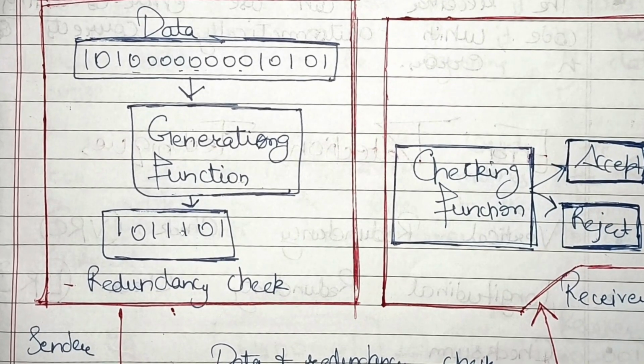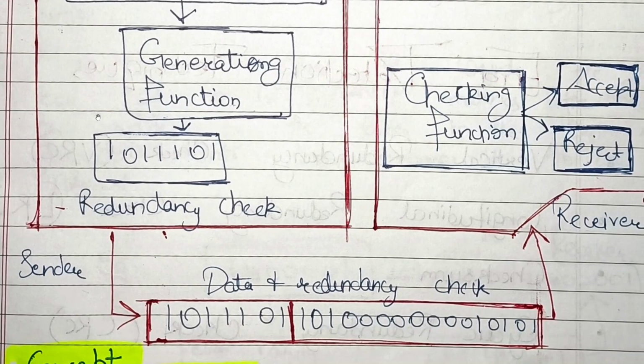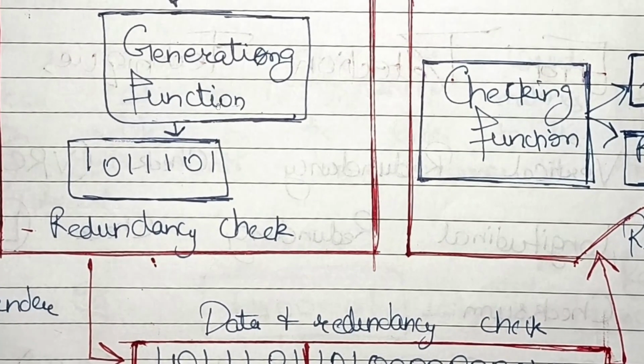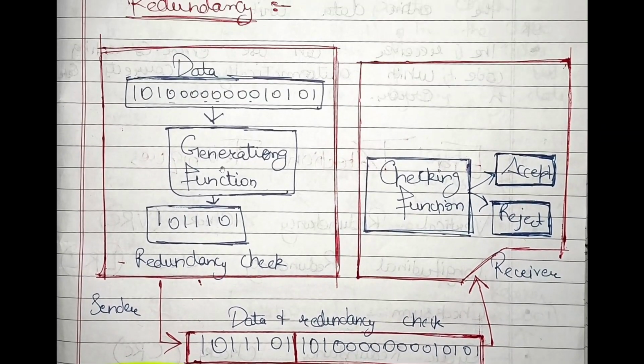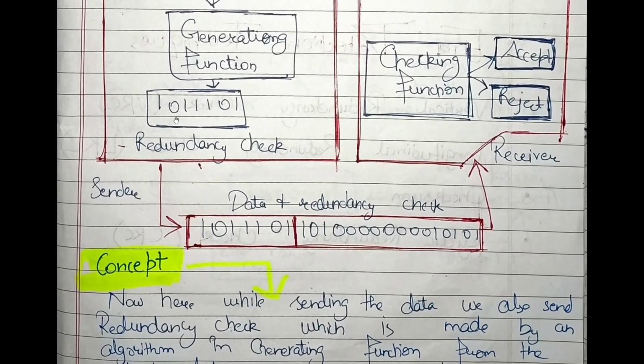This algorithm just means we did a bit of calculation to generate this. Now, why did we do so? First of all, know that this is the redundancy check. These bits will be sent along with the data. This is the actual data, and this is the redundancy check, the bits that we created earlier.